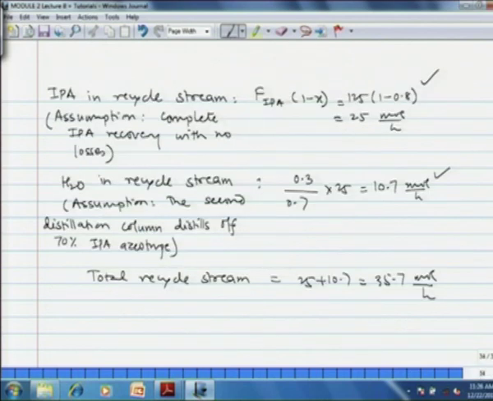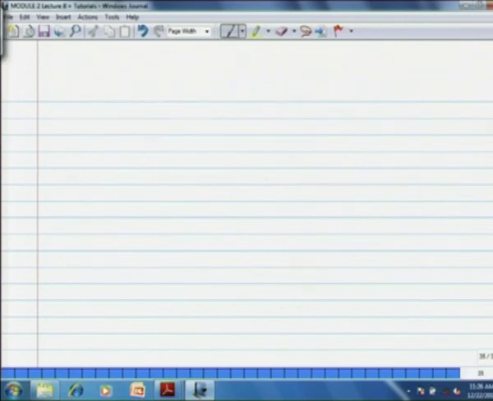Now, the third question was about the reactor heat effect. The reaction is endothermic, and then we have to supply the heat of reaction.